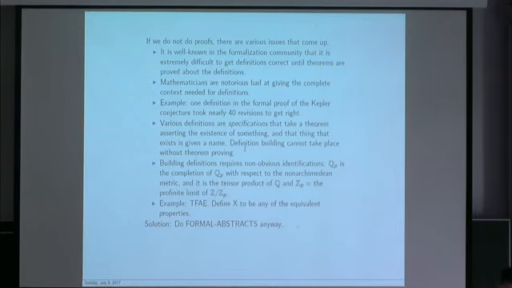Of course, this community is very well aware of the big dangers in writing definitions and stating theorems without actually doing the proofs. One example that I give here is the formal proof of the Kepler conjecture, where some of the definitions we had to rewrite as many as 40 times before we got things just the way they needed to be to get everything to work.